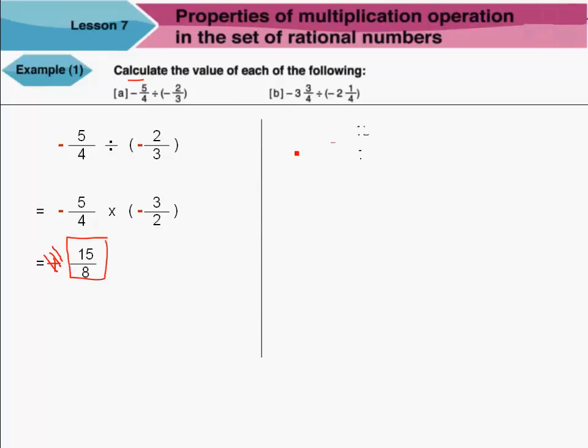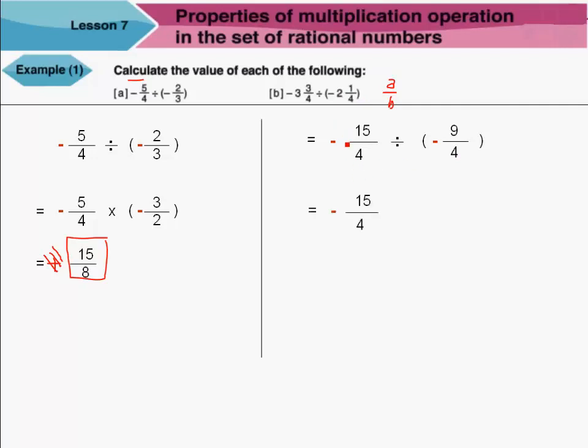B, we have minus 3 and 3/4. So we will put it in the form of A over B as we multiply 4 times 3 is 12 plus 3 is 15 over 4 divided by also 4 times 2 is 8 plus 1 is 9 divided by 4.